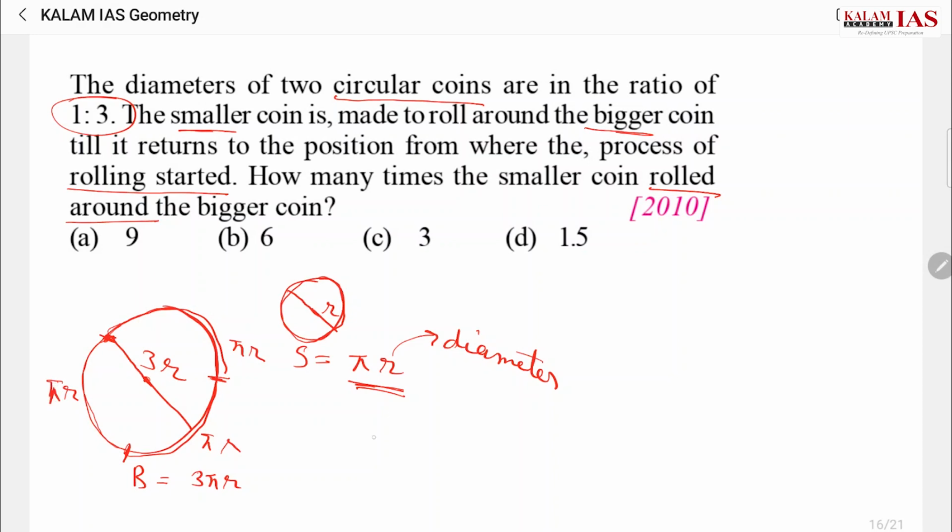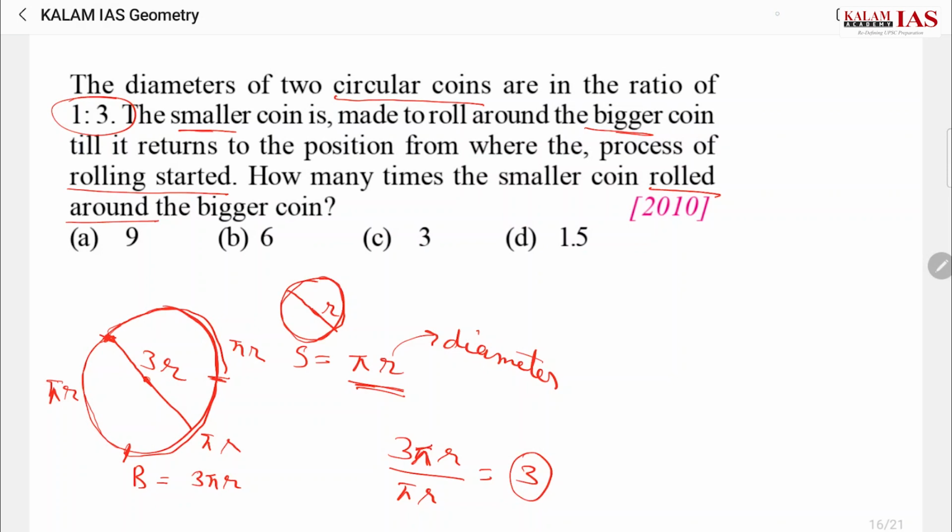So basically to cover 3 pi r distance, and each rotation of the smaller coin is pi r distance, the smaller coin has to take 3 rotations. It has to roll 3 times so that it comes to the starting position from where it started rolling.